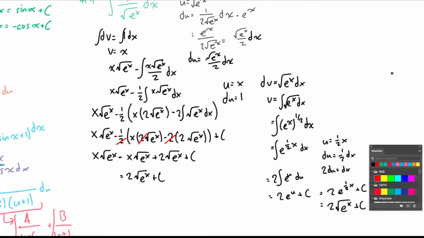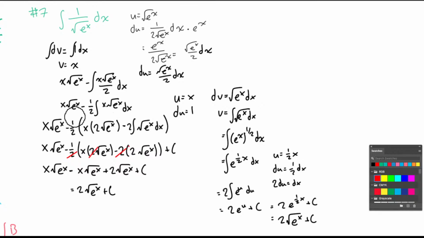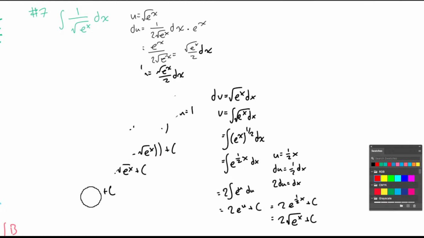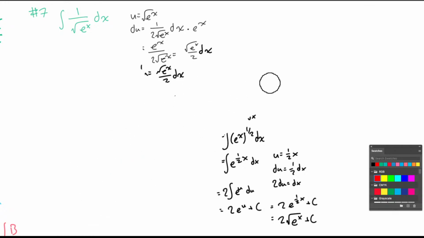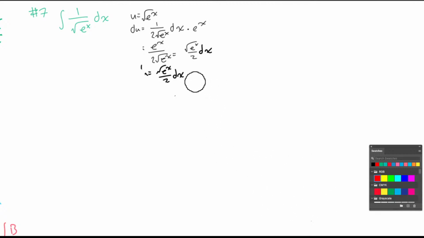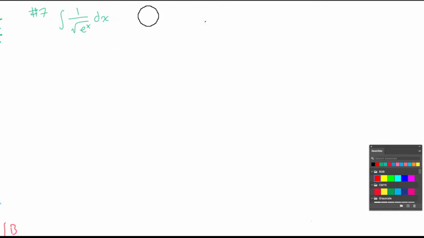Welcome back. I am a little bit not the thinker. I did all this integration by parts work, and then I realized that it's actually much simpler than this. Notice how e to the x is in the denominator with the square root.